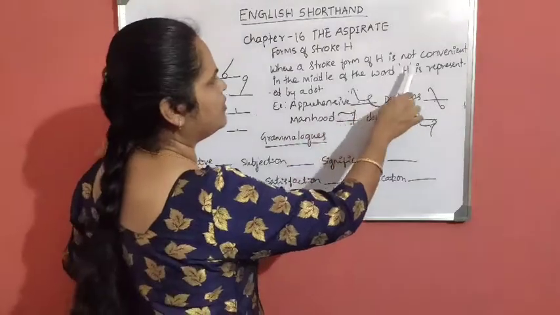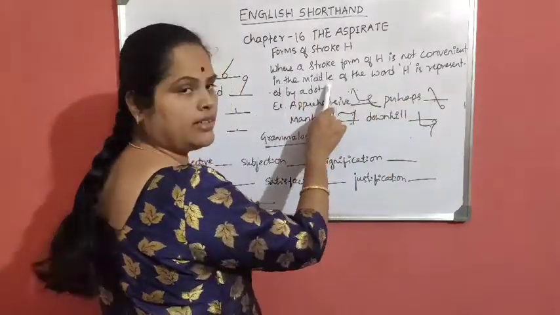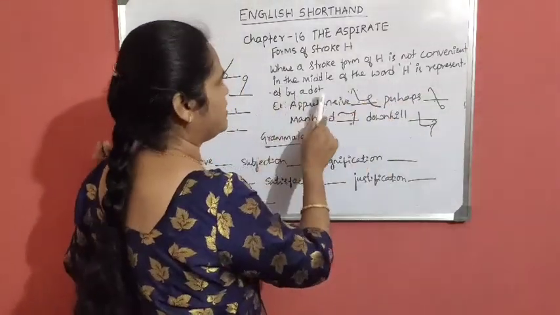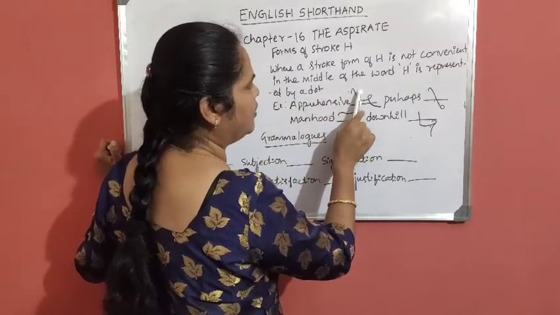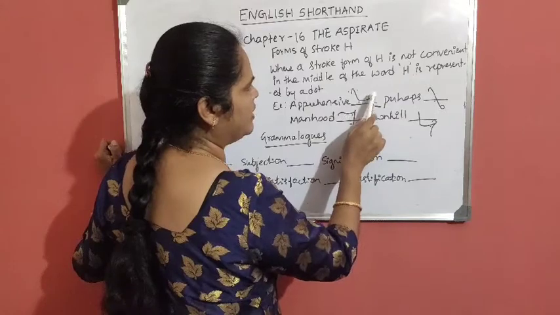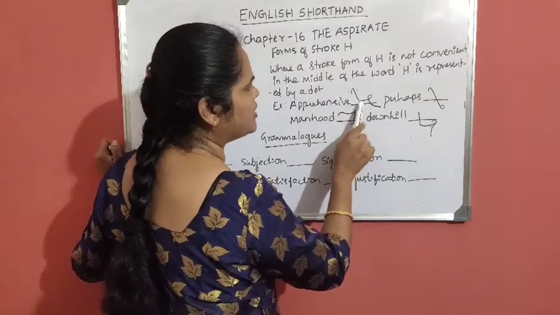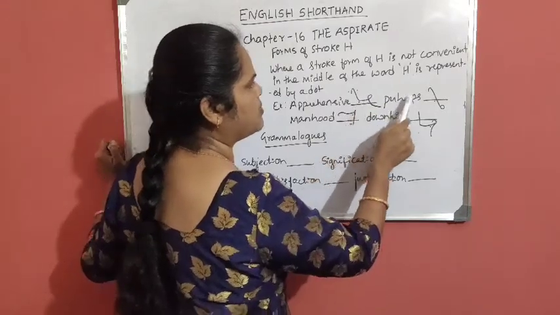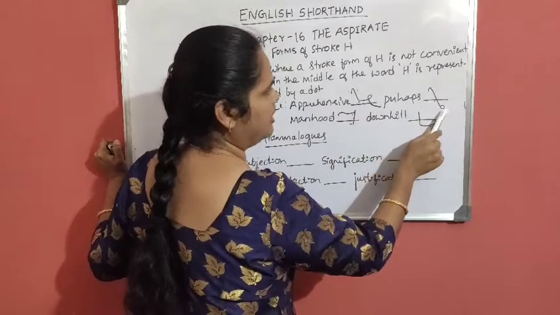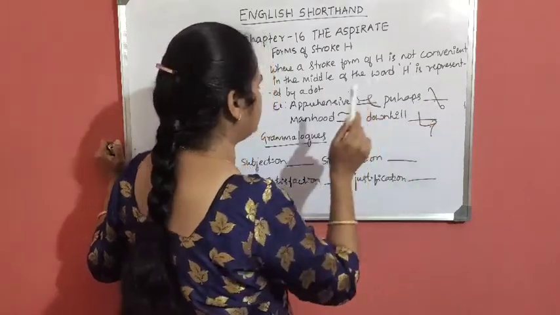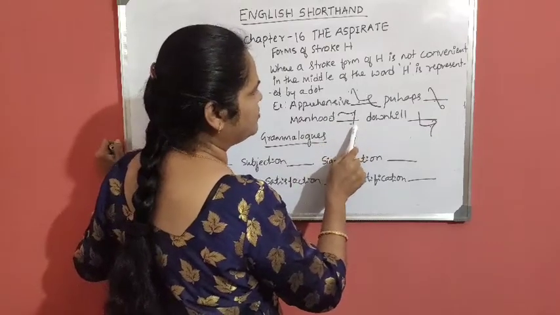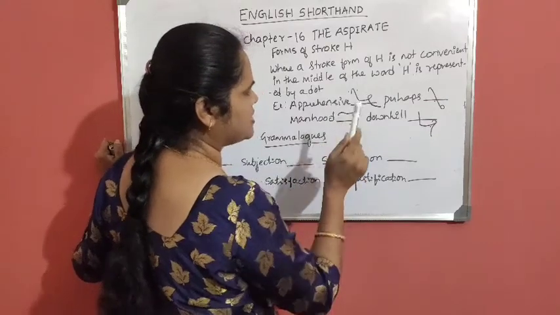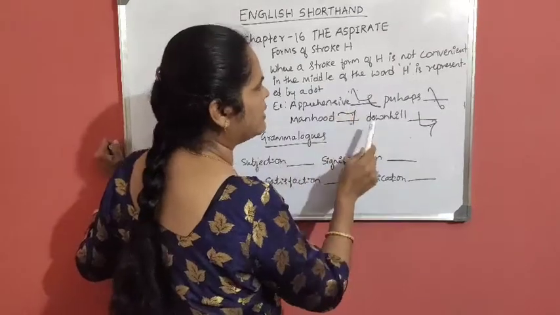Where a stroke form of H is not convenient in the middle of the word, H is represented by a dot. Here apprehensive, A vowel, A vowel, hensive, N, S, V. Here H is represented with a dot. Perhaps, per, P, circle S. This dot H is represented here. Manhood, M, N, D. This is for H, dot is represented, dot is placed here.